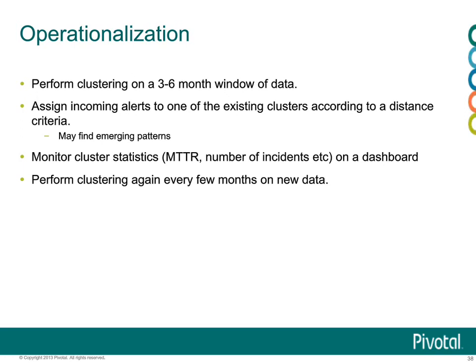If the distance to any of those centroids doesn't match, then you put this incoming alert into a new bucket. So you can also find emerging patterns as you go along. And you monitor the cluster statistics or other key performance indicators and trends on a dashboard that correspond to these clusters. Then every now and then, we need to perform this clustering operation to make sure the clusters are relevant as we go along in time.